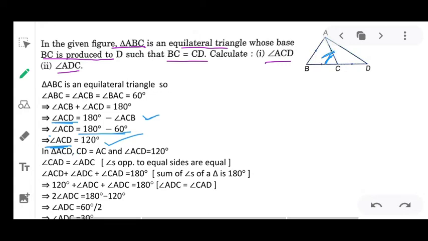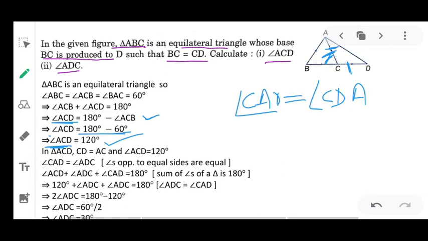As AC equals CD, we can say angle CAD equals angle CDA, because the angles opposite to two equal sides are equal.